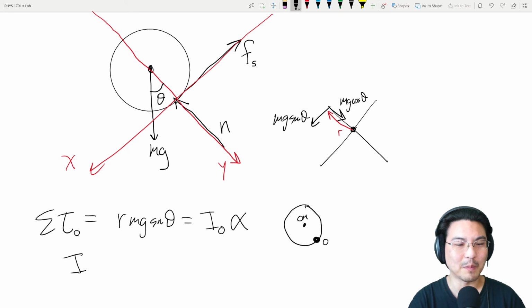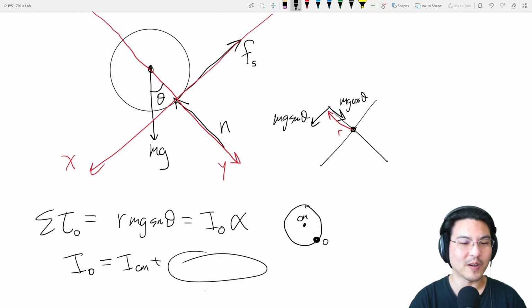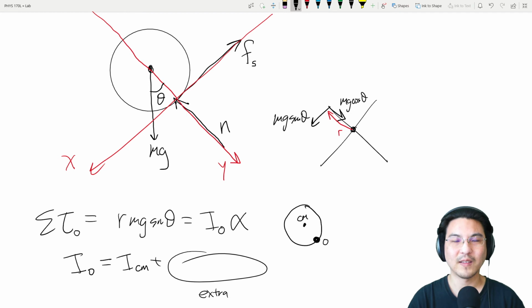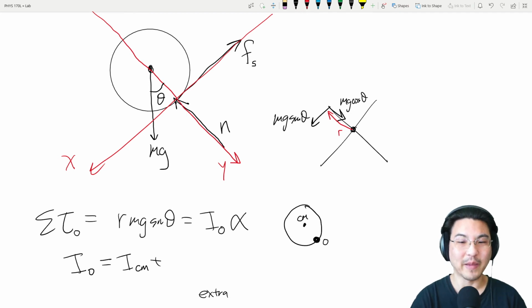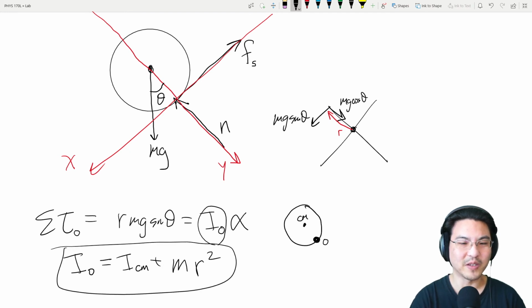So the moment of inertia about that origin is definitely more. It's the moment of inertia about the center of mass plus extra. How much extra? The mass of the object times the distance between these two parallel axes squared. For this example, the distance between the two is the radius r, so that squared. Okay, so this is the moment of inertia that goes here.